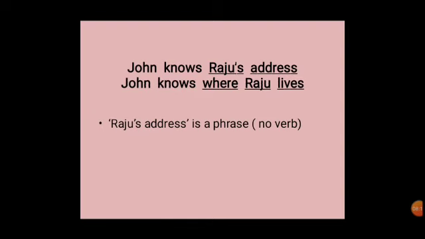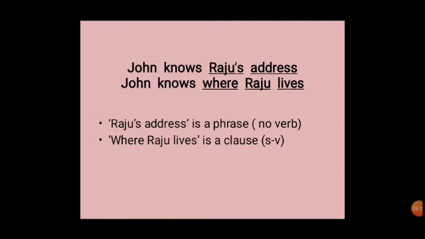Raju's address is a phrase because there is no verb. And where Raju lives is actually a clause because Raju is a subject there and lives is a verb there.